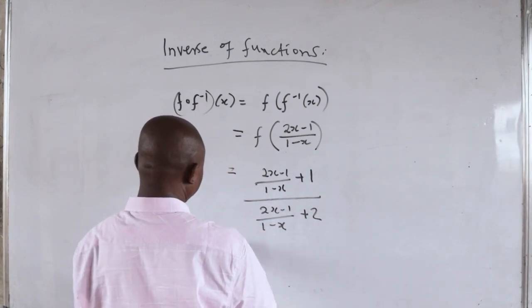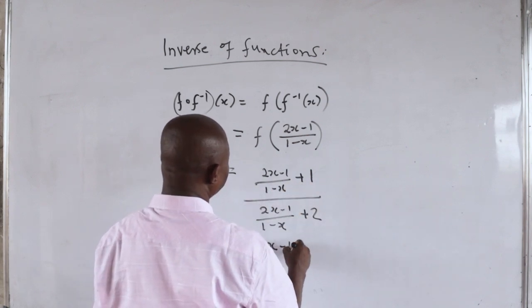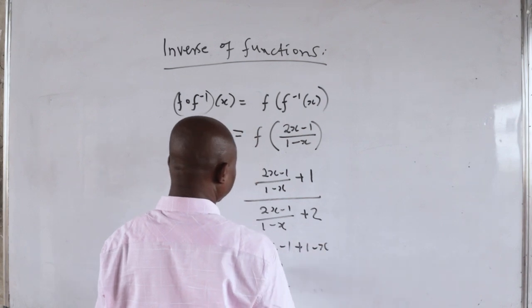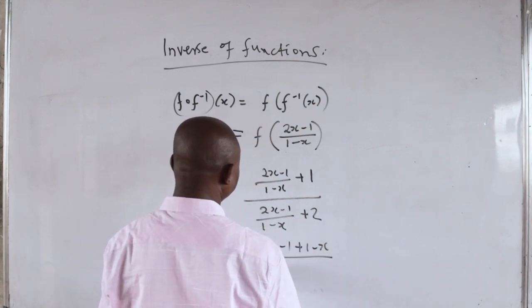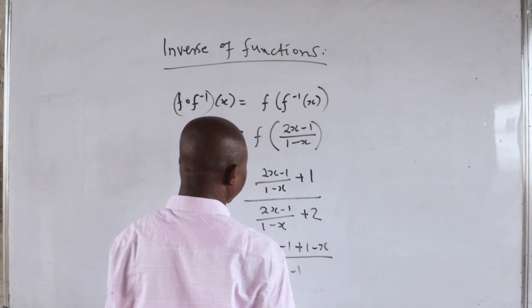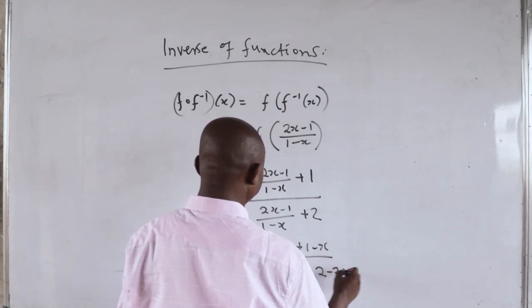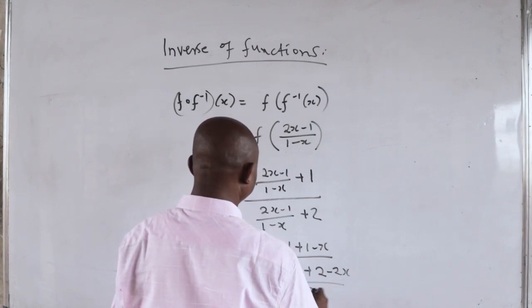Alright. When we solve this, then this is going to give us (2x minus 1 plus 1 minus x) divided by, here we're going to get (2x minus 1 plus 2 minus 2x), divided by 1 minus x.